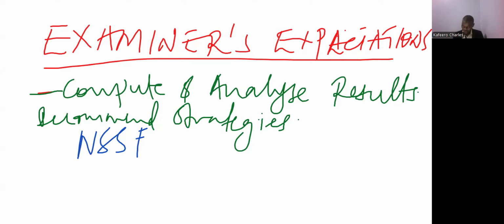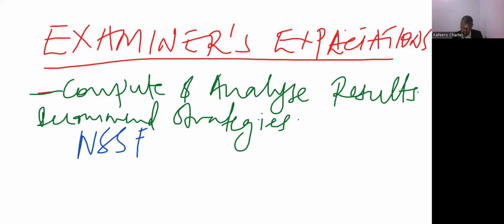So the case may be about NSSF, and at the end of the day they want you to recommend a strategy. What can they do to improve whichever scenario they have provided in the question?